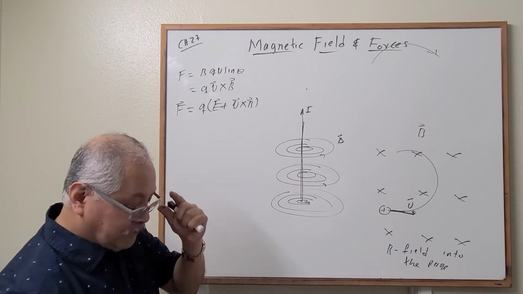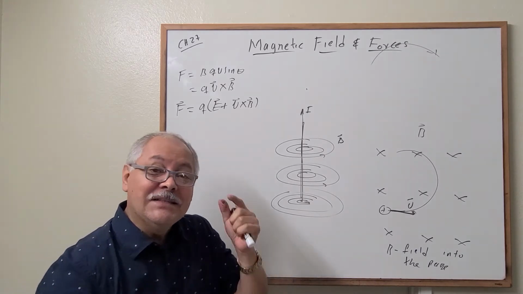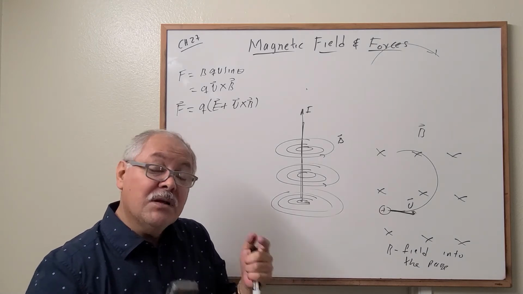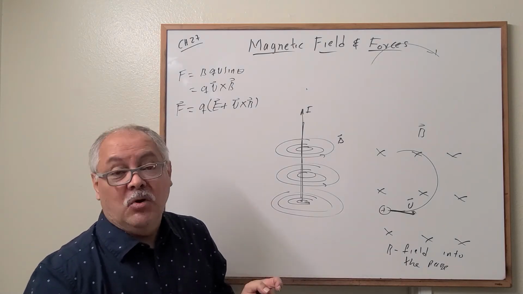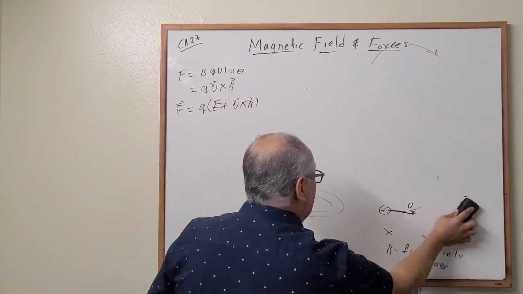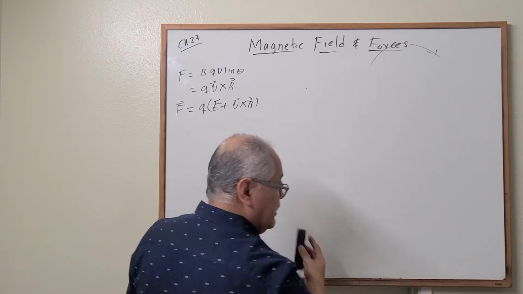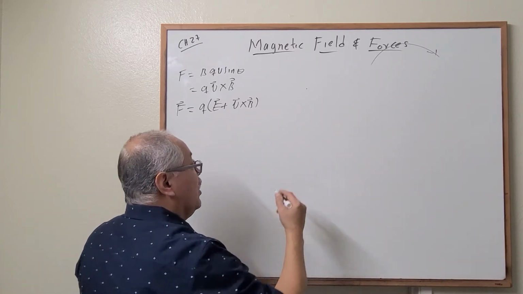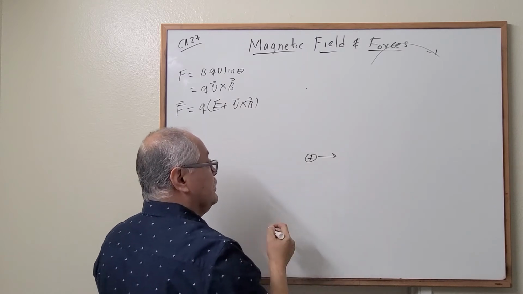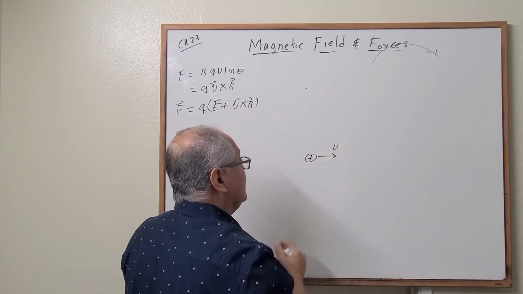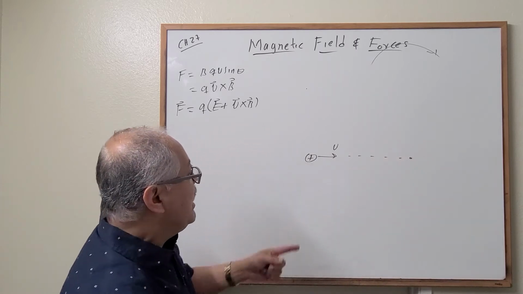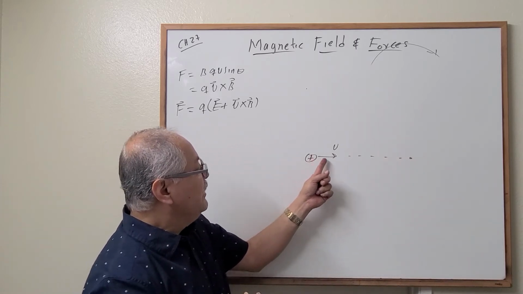Also, look, we mentioned that what causes a magnetic field is a charge in motion, like a positive charge, right? Now, imagine that we have a charge that moves in this direction, correct, with some velocity. Means that at some distance right here, we have the magnetic field, right?